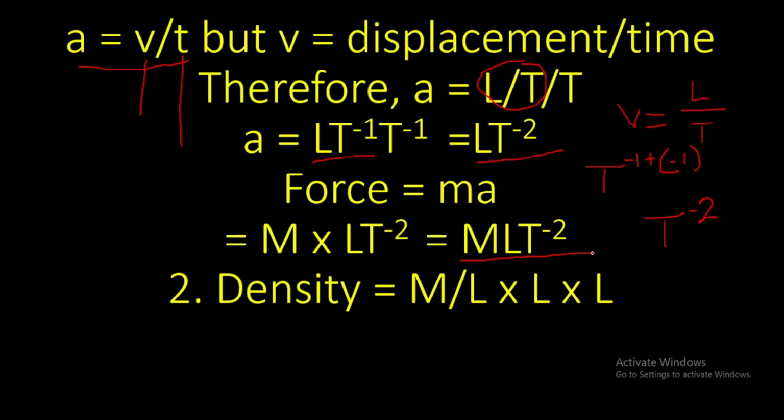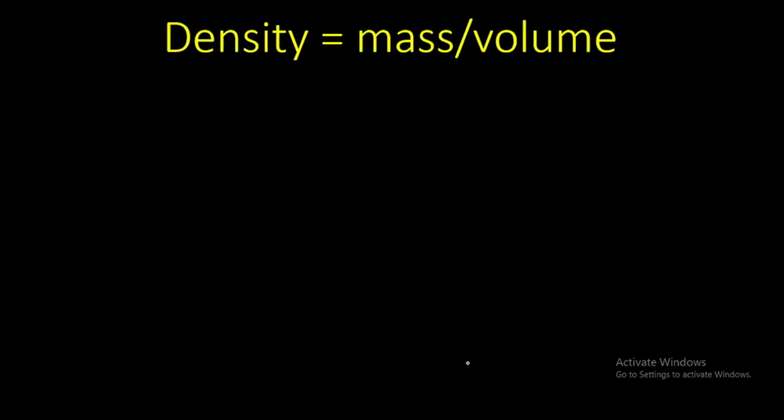Now, density is mass divided by volume. Mass is in the lowest dimension already, so it's m, we don't need to dimension it, but volume is L times L times L. So we have mass divided by L in 3 places.